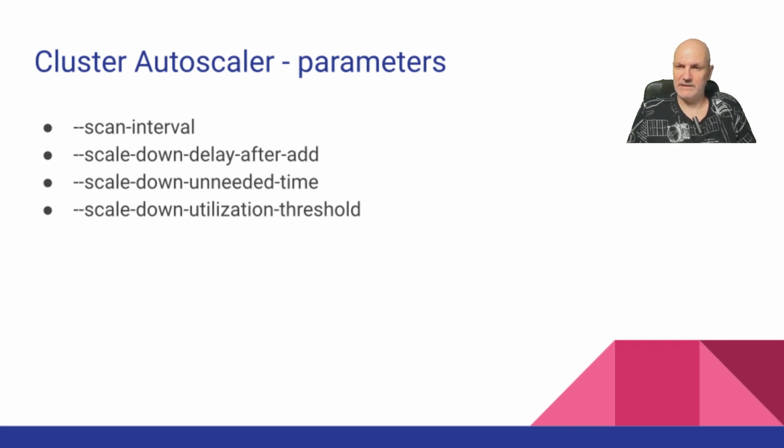Scale-down delay after add defines how long to wait after a scale-up before scaling down any nodes. The default 10 minutes can be reduced to 10 seconds or so to minimize the costs. The scale-down unneeded time controls for how long a node should be unneeded.